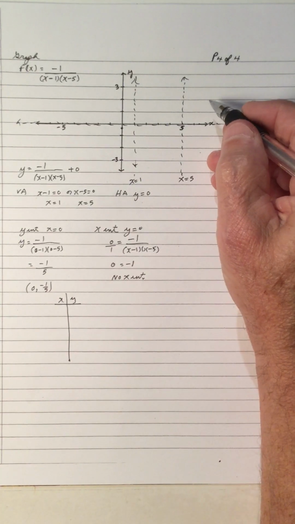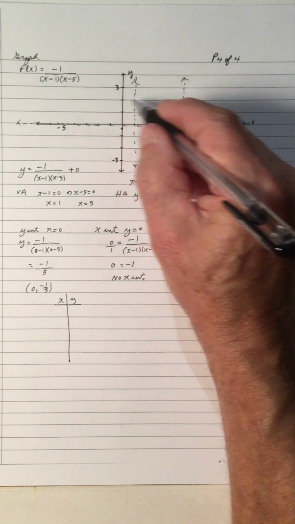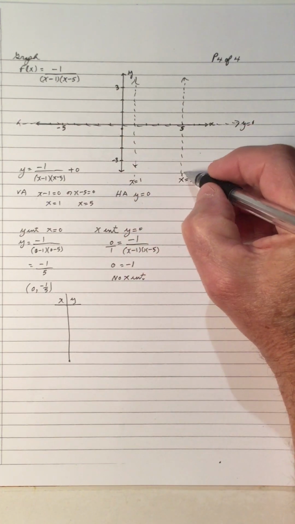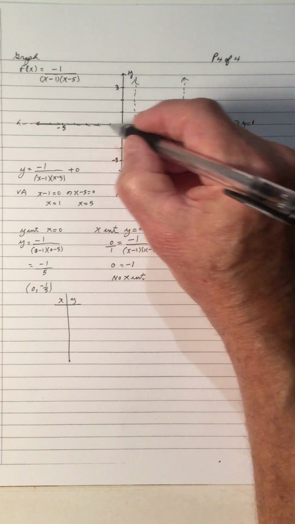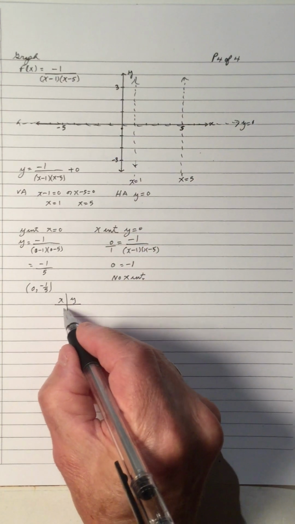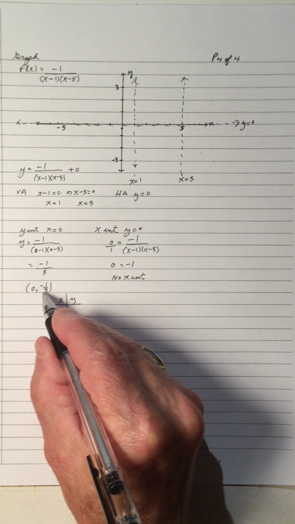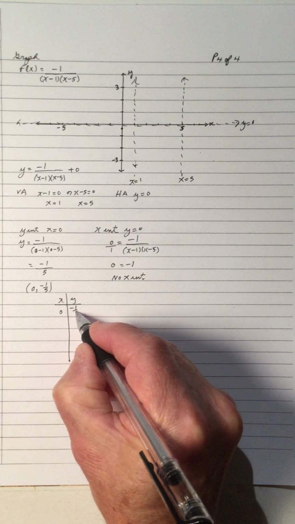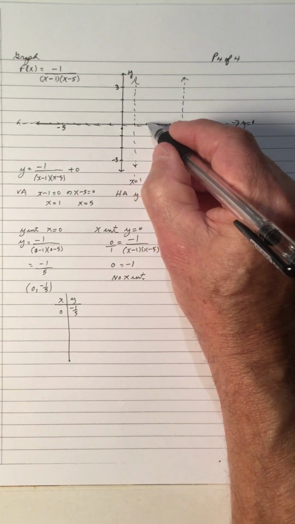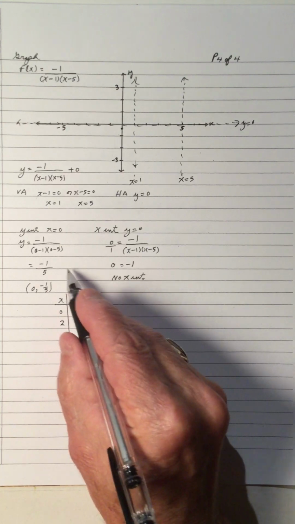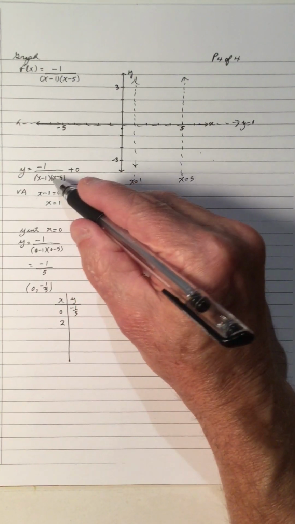And as a result, let's have a look at a table of values to see. Again, it'll tell us whether it's here and here, or here and here. So let's put in 0. We know at 0 it's negative 1/5. We know there's a vertical asymptote here. Let's put in a 2 into this equation.